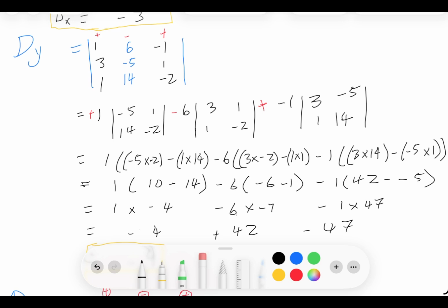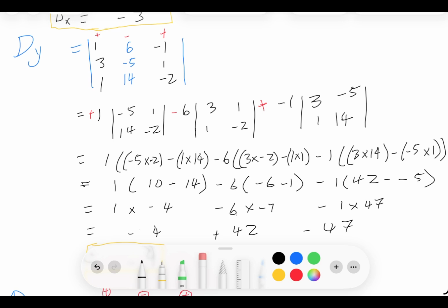So that's going to be a plus 1 times the determinant of its cofactor matrix, which is negative 5, 1, 14, negative 2, minus 6 times its cofactor matrix determinant, 3, 1, 1, negative 2, plus negative 1 times its cofactor matrix, 3, negative 5, 1, 14.